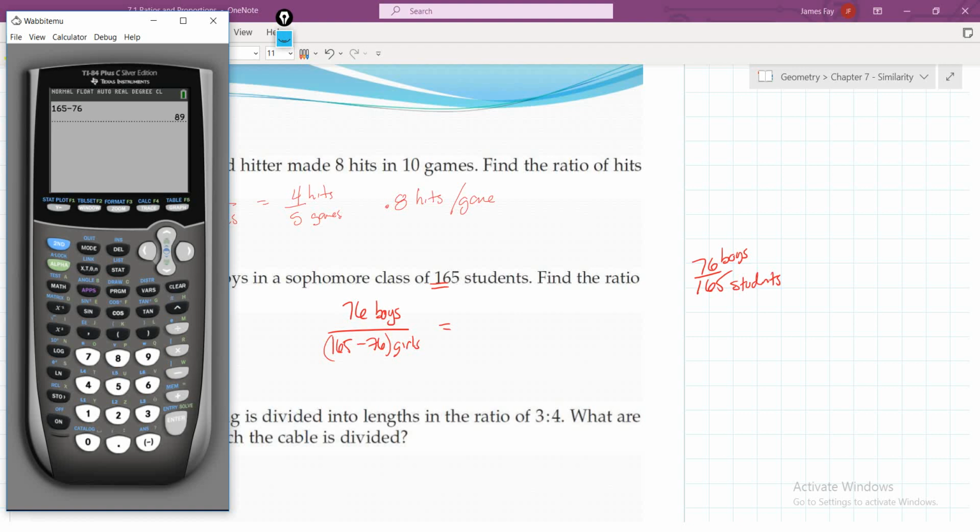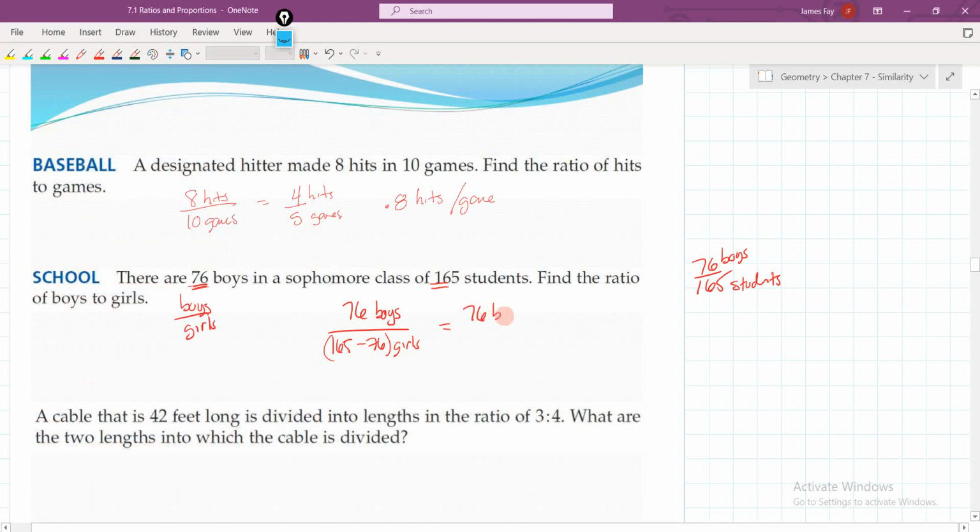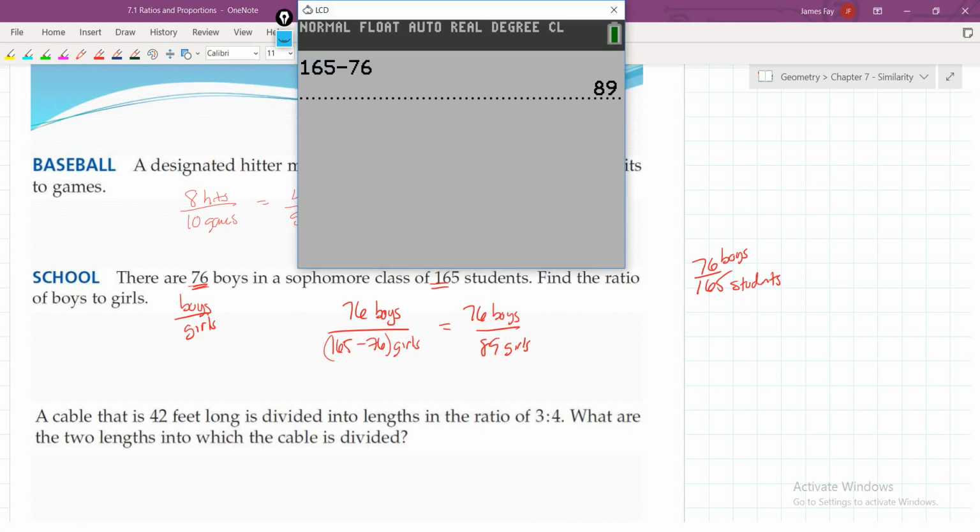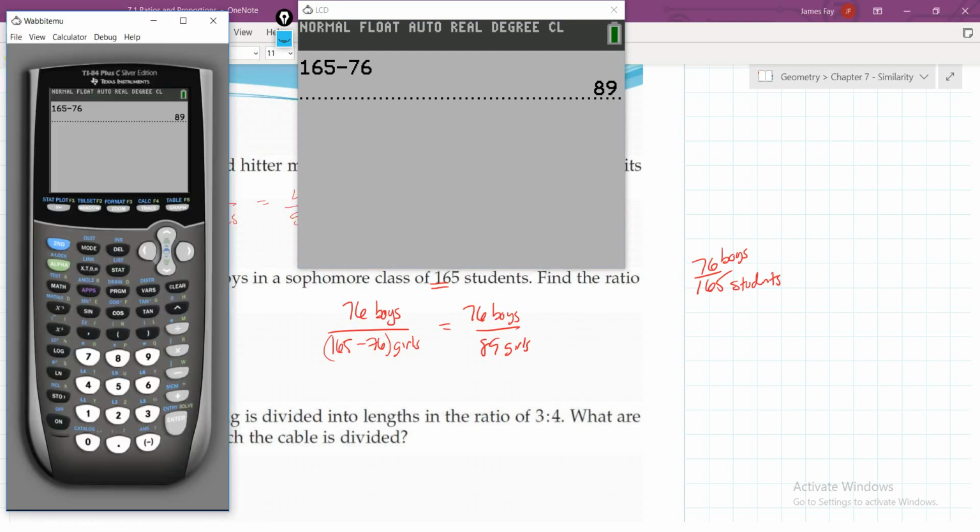So 76 boys to 89 girls. Do these numbers reduce any? I don't think so.